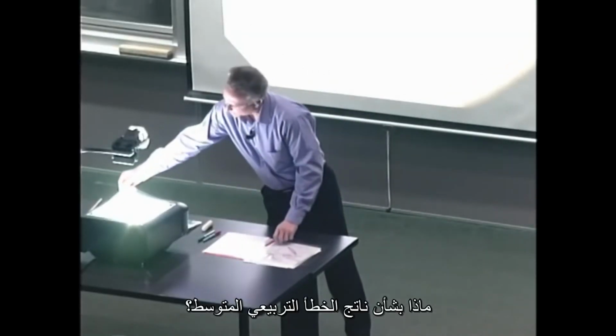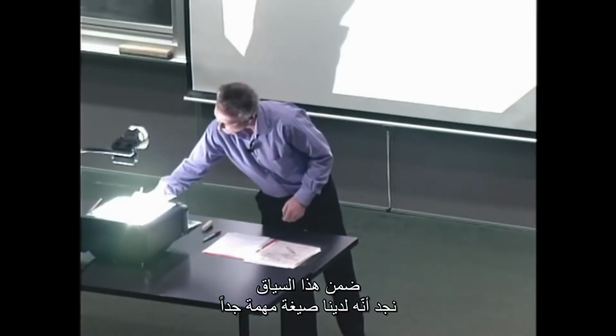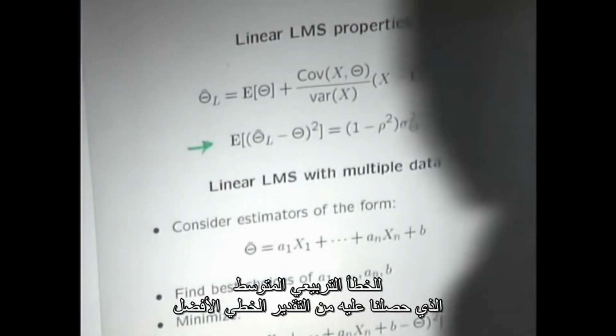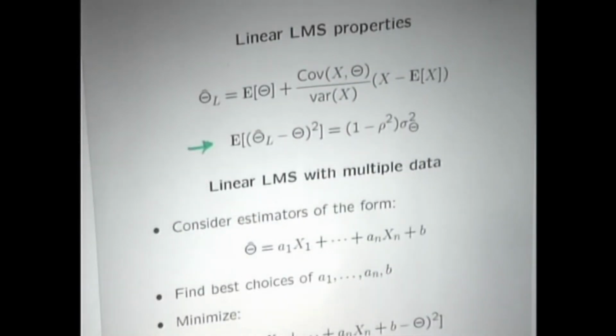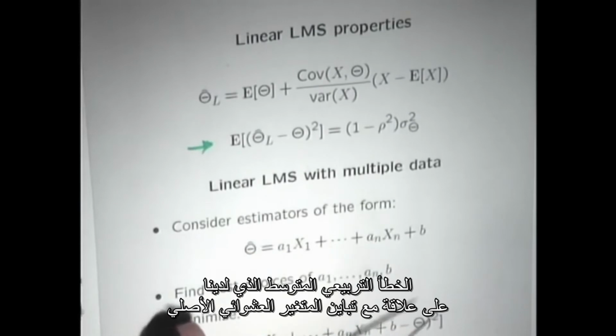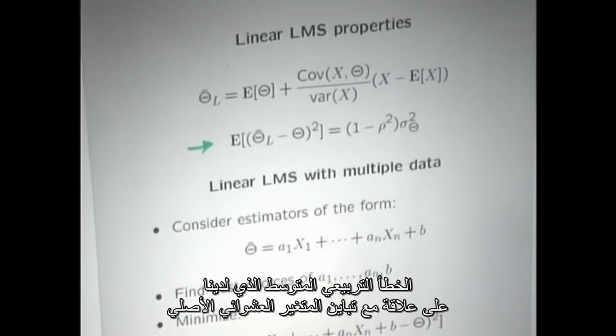How about the resulting mean squared error? In this context, it turns out that there's a very nice formula for the mean squared error obtained from the best linear estimate. What's the story here? The mean squared error that we have has something to do with the variance of the original random variable.